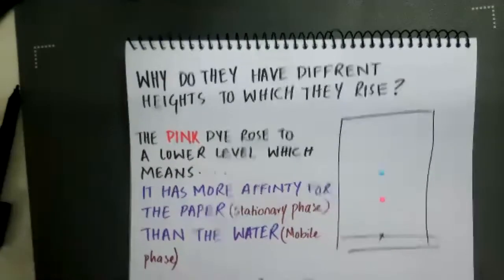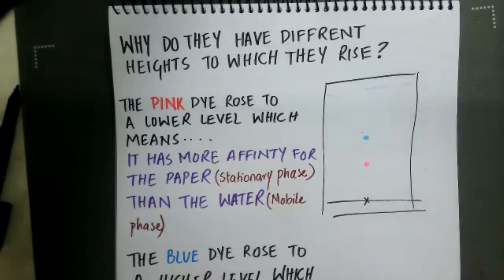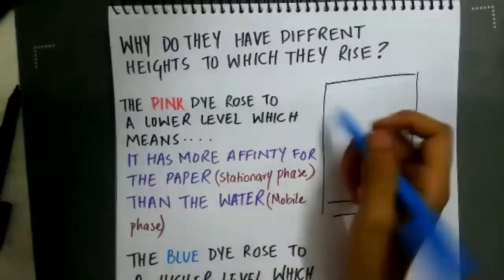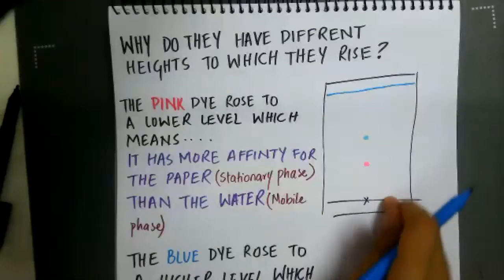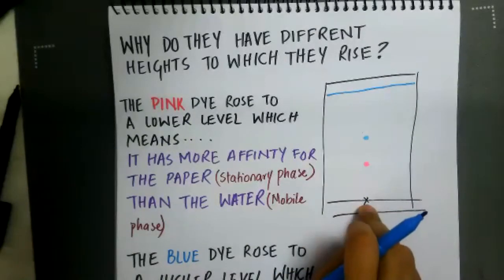And so now, another question that you might have is, why do they rise to different heights? If I use the same example, this is my front line, this is the datum line, and this is where the spot was initially.